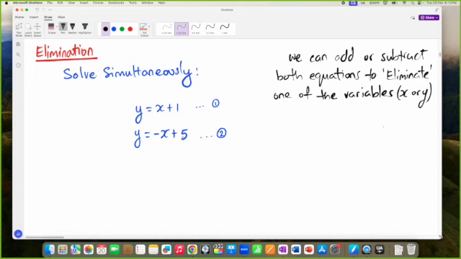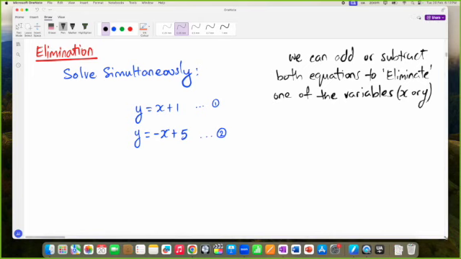All right, sorry for the handwriting. I will try to do better. So we could add or subtract.